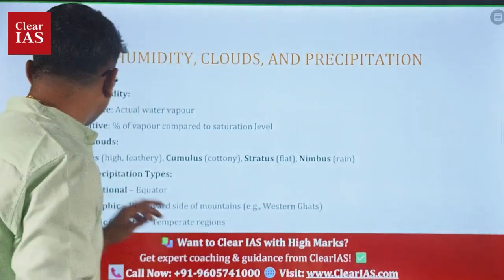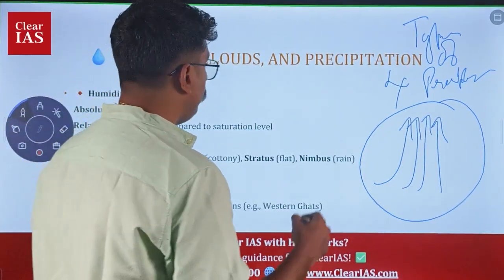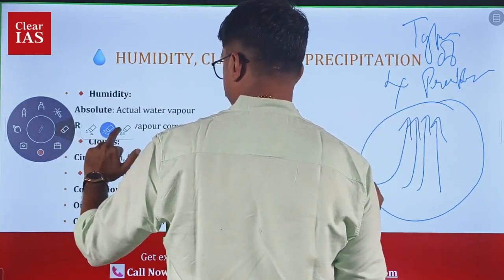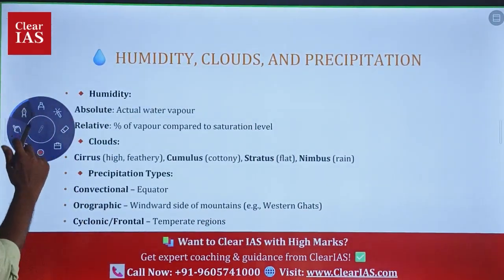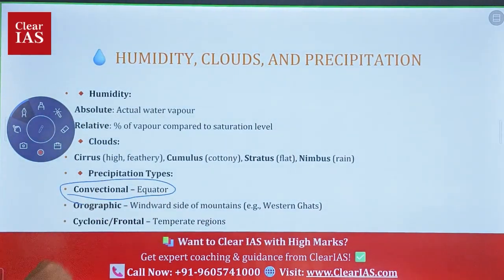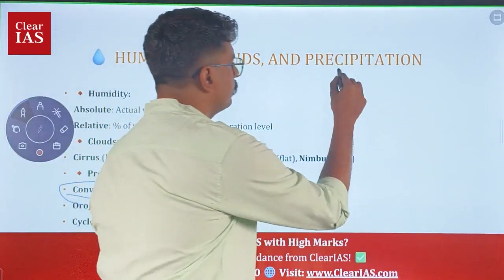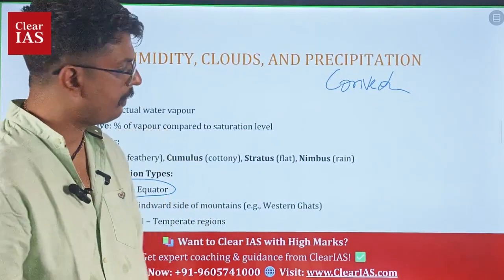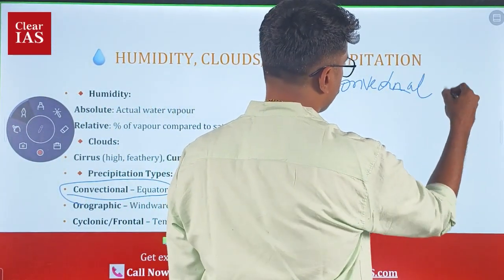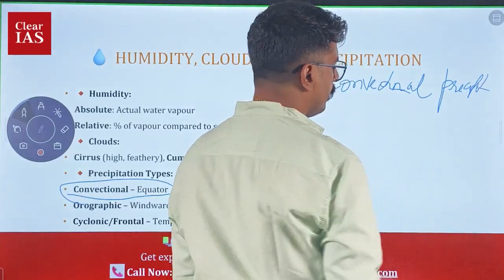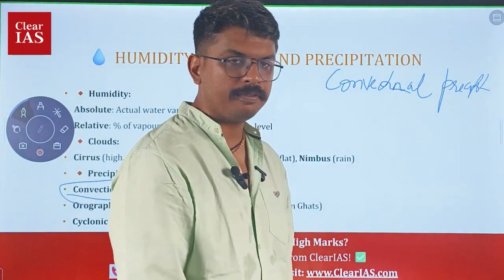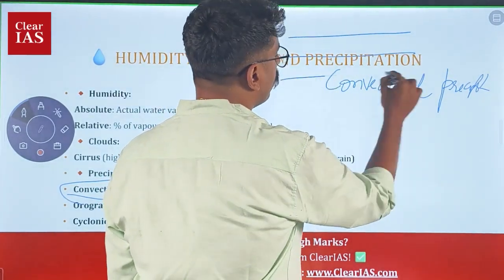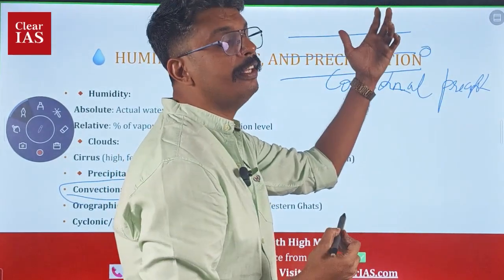Okay. So, types of precipitation. The first type of precipitation we are going to study is convectional precipitation. Very basic, it happens mostly in areas where you get a lot of sun, where sun is maximum.